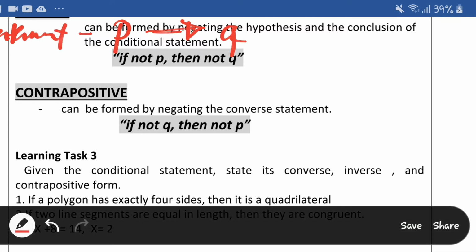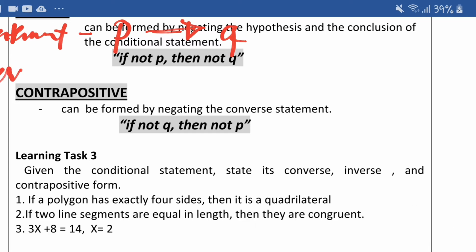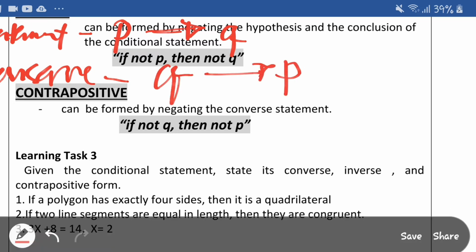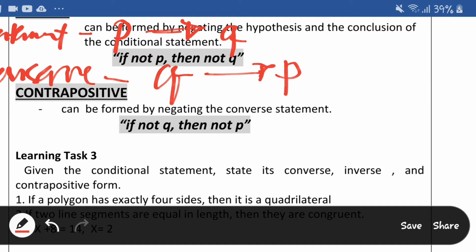We said that the converse is the interchanging of the hypothesis and the conclusion. Therefore, we can say this as if Q, then P. If the triangle is equiangular, then it is equilateral.